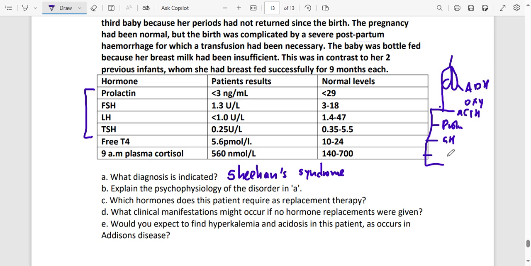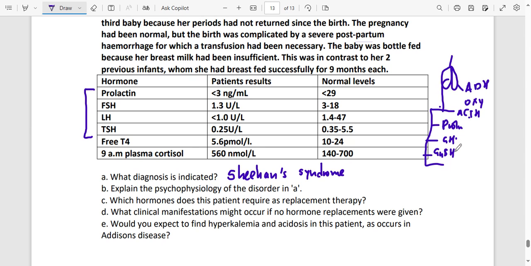anterior pituitary? You have got gonadotropin stimulating hormone. So this is affecting the gonads, like the ovaries and the testes, so that they can produce your luteinizing hormone and your follicle stimulating hormone.